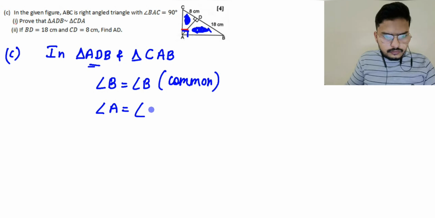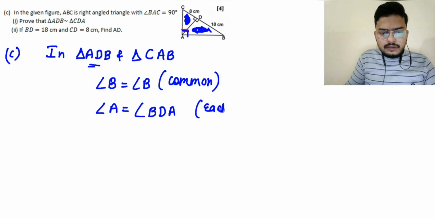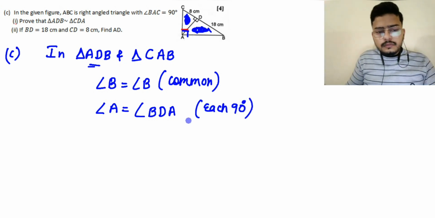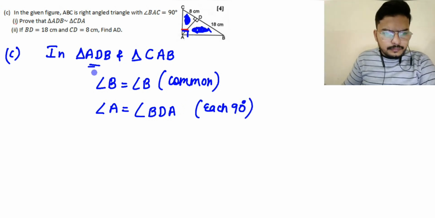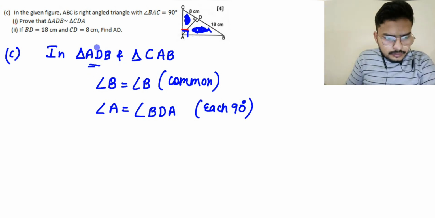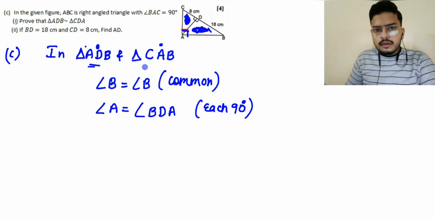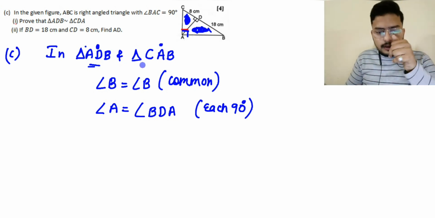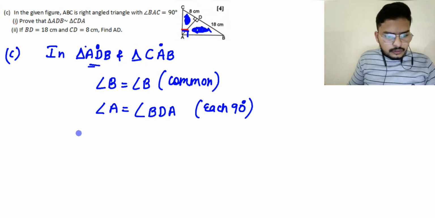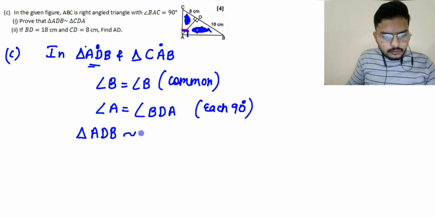Angle A here is equal to angle BDA. Why? Because these two angles are 90 degrees, right? BDA means this angle is equal to angle A, or we can say BAC, because both the triangles have a 90 degree angle, right?